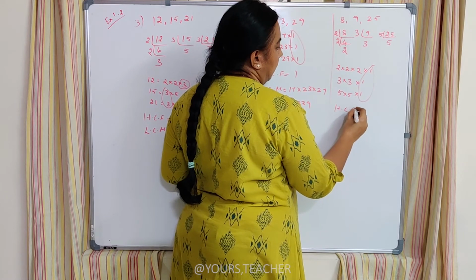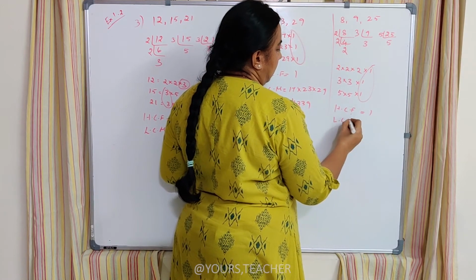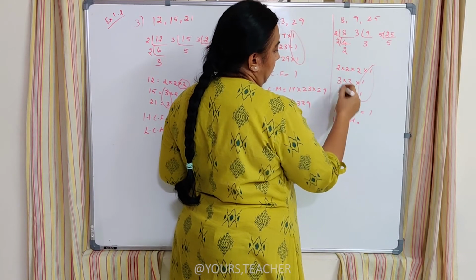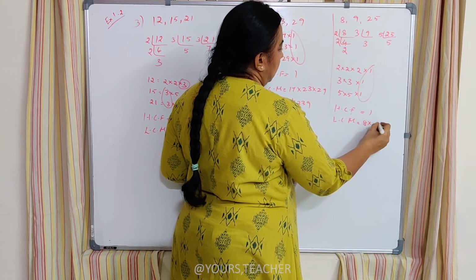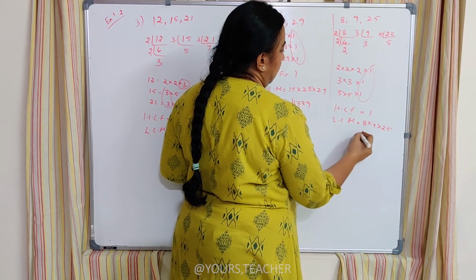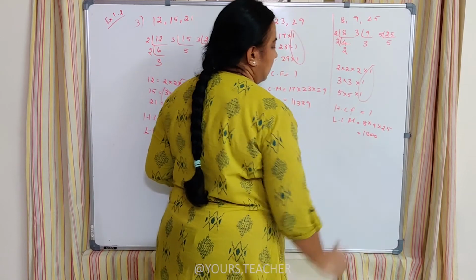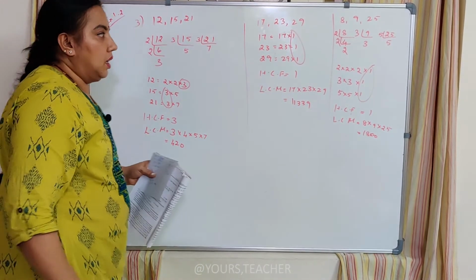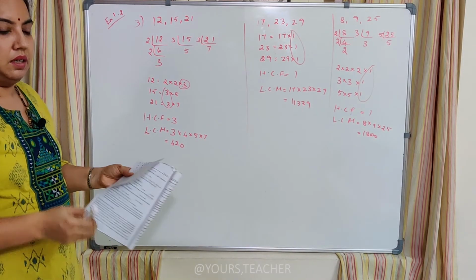So I write HCF is equal to 1. And the LCM? I have to write just the product of the three numbers, and that sums up to be equal to 1800. So I think you have got the basics of LCM and HCF by now.